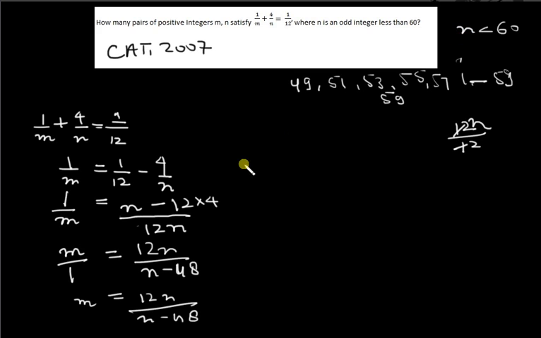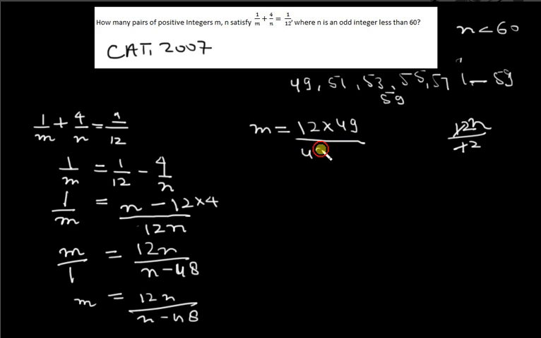So now what I do, I put different values for n and try to solve the right hand side in order to find the value of m.